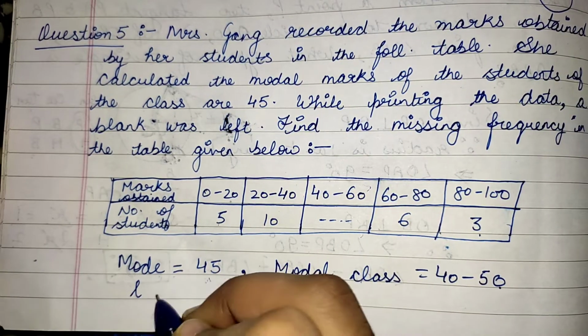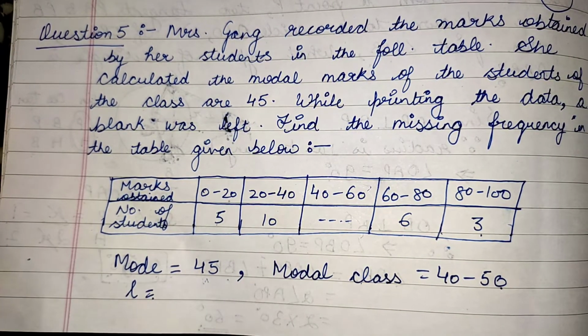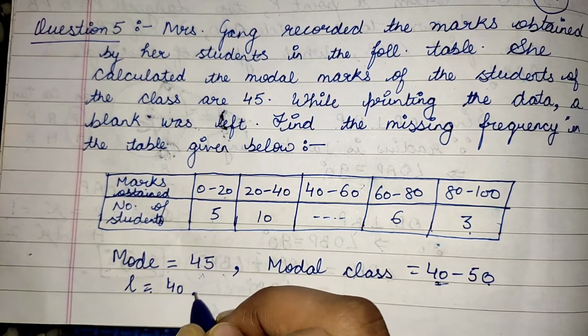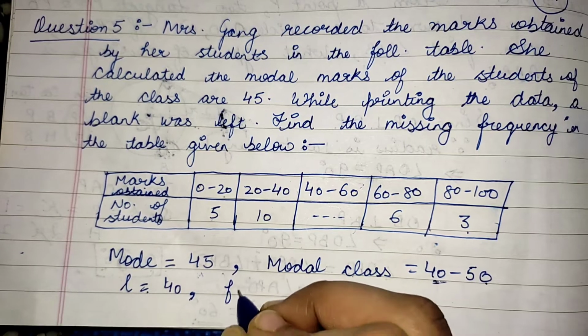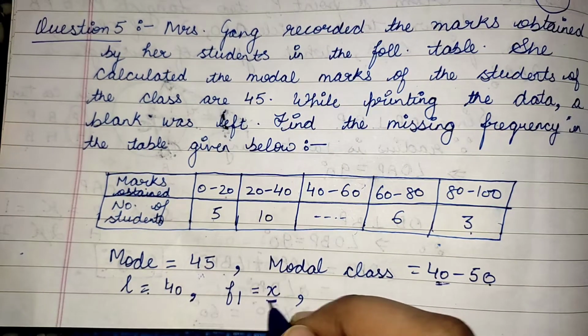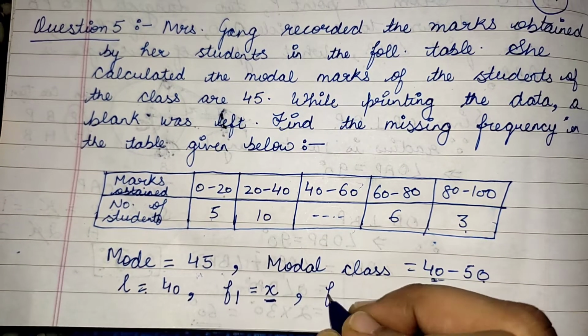Now what will be the value of L? L is the lower limit of the modal class. L is 40. And f1 is what? f1 I don't know, I have to find it out. So let us imagine that this value is equal to x.